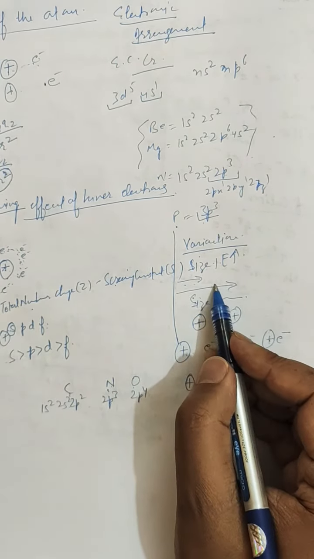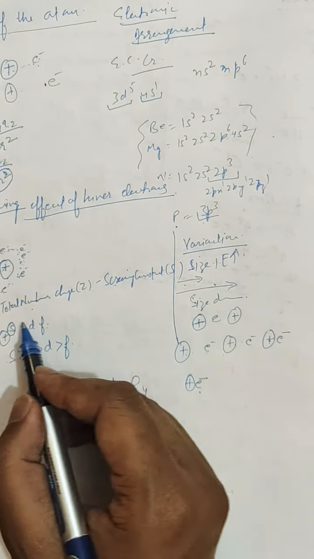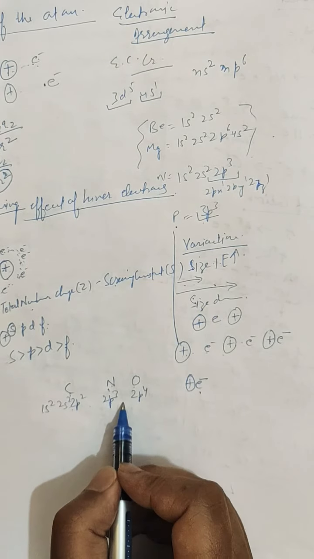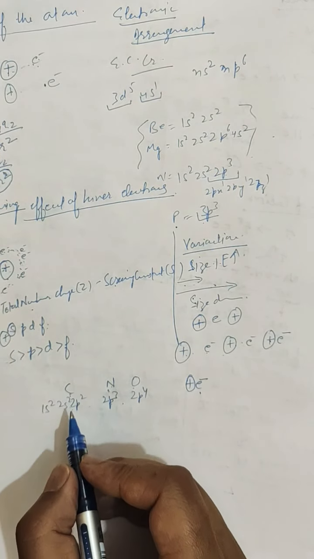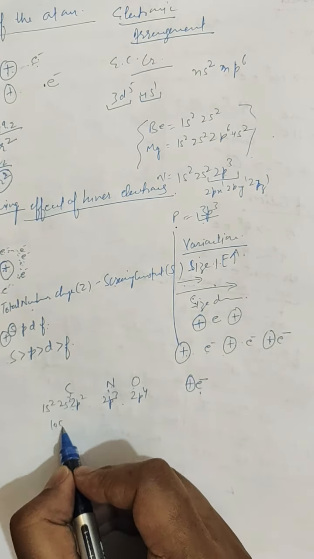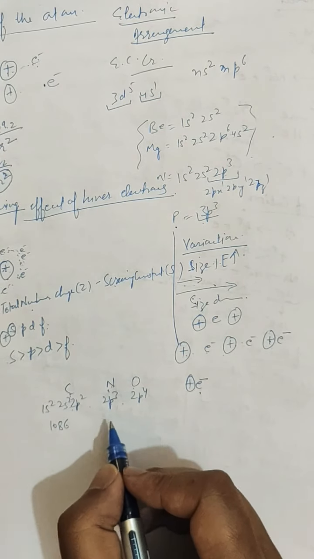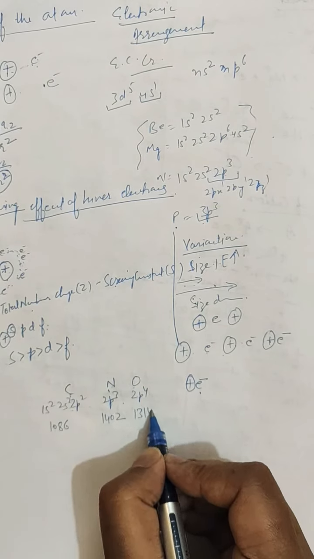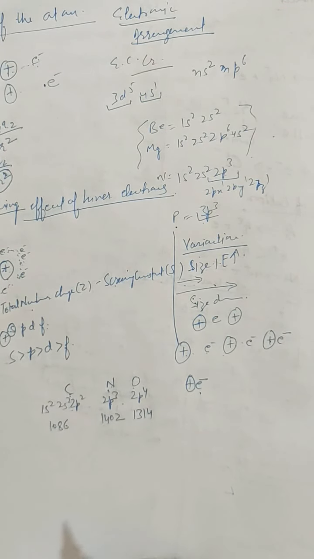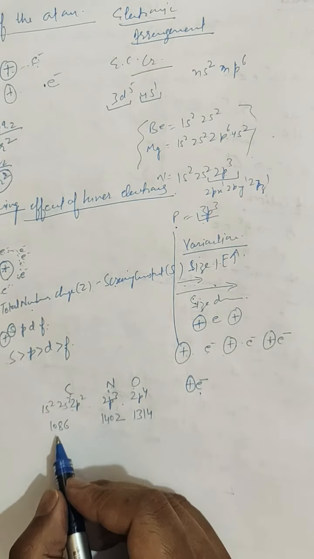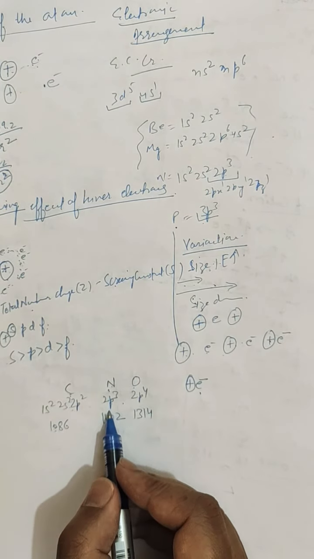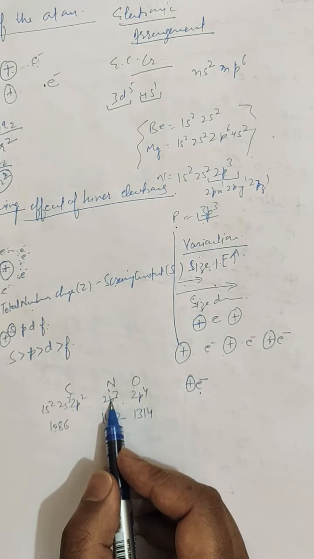That was the general trend I told you earlier, but in a specific manner, you can see that the value of ionization energy for carbon is 1086, for nitrogen it is 1402, and for oxygen it is 1314. So here the trend continues: due to decrease in size, ionization energy of nitrogen increases.